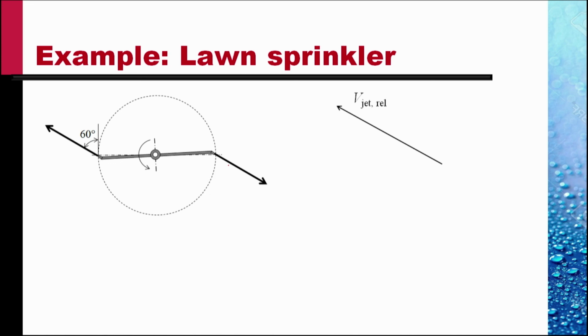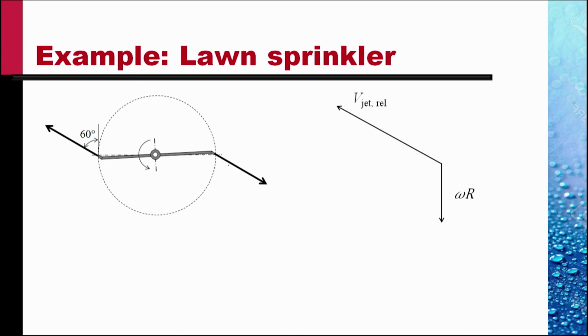But the jet arm is rotating and it has a component omega r downwards if this is moving downwards.